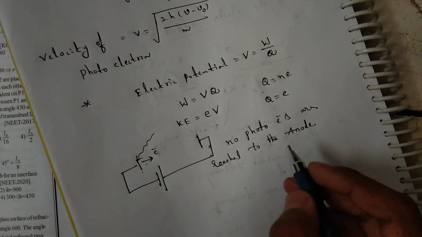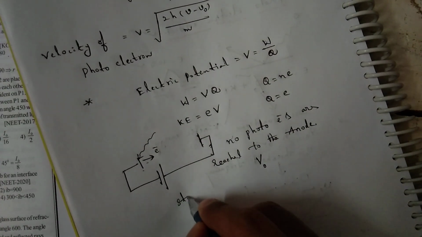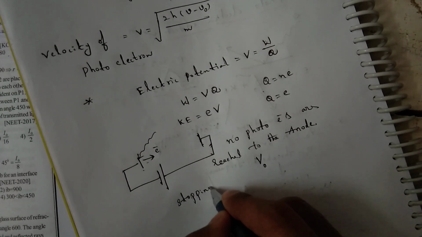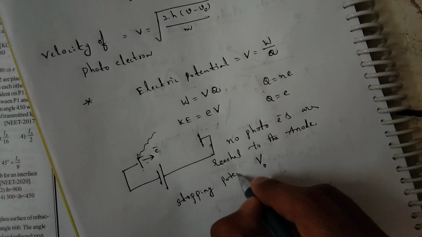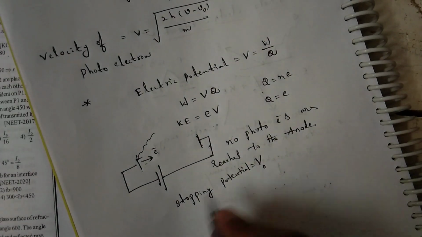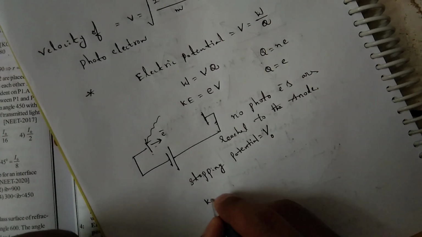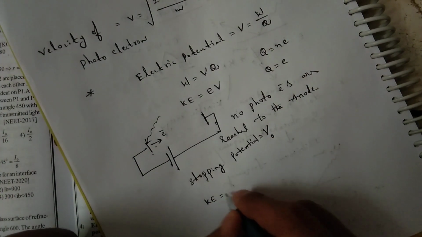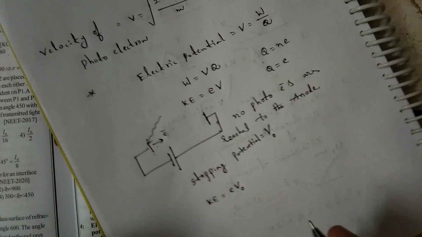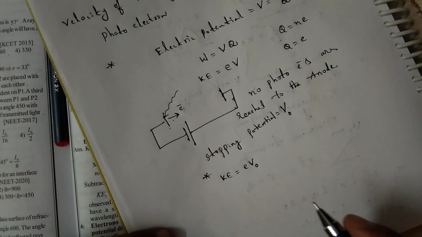And thereby what happens here? That potential is known as stopping potential, V0. So the formula I am taking is KE is equal to eV0. Okay, and this is another formula. Kinetic energy is equal to eV0.